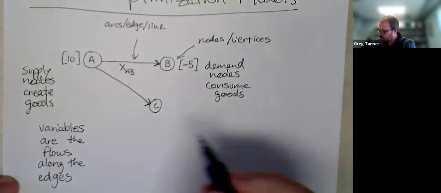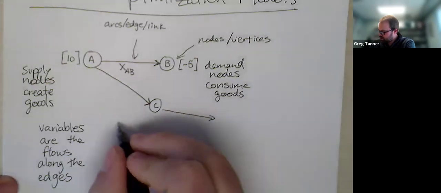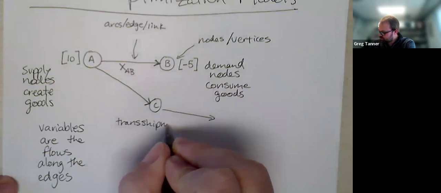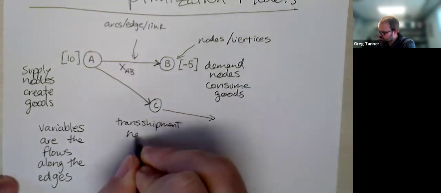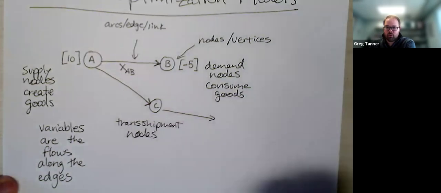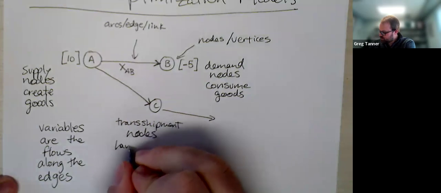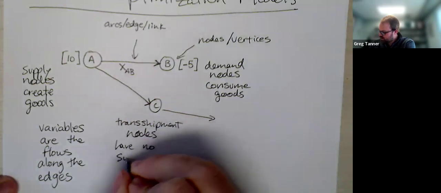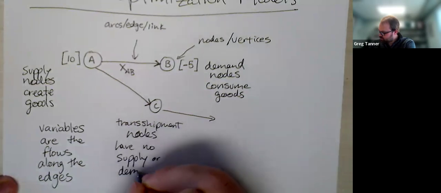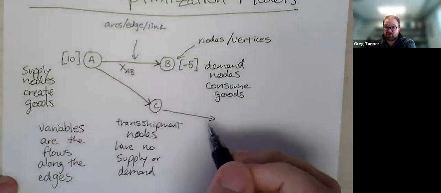There's one other type of node which doesn't create or consume, and those are just called transshipment nodes. And they don't create or destroy goods. And so they have no supply or demand. Okay, and they're usually representing some pass-through point.